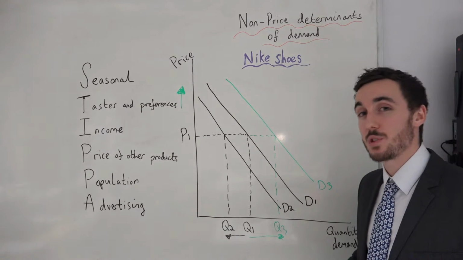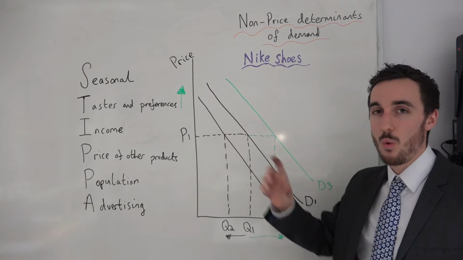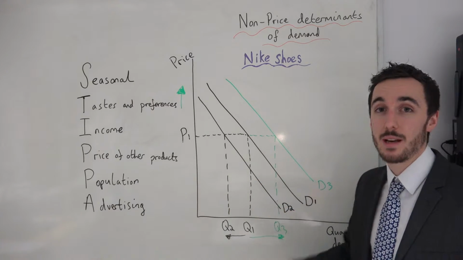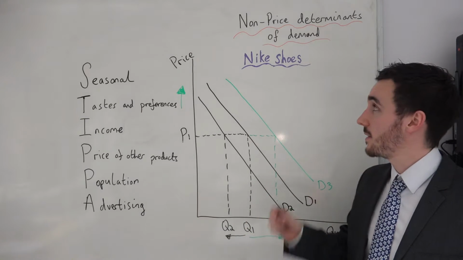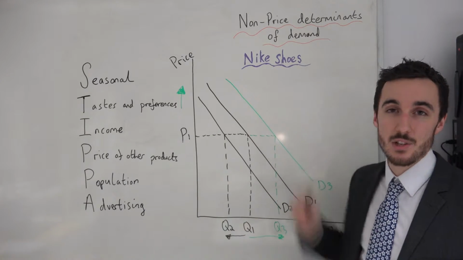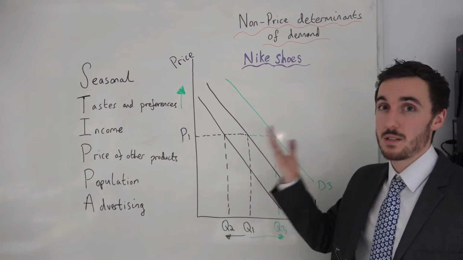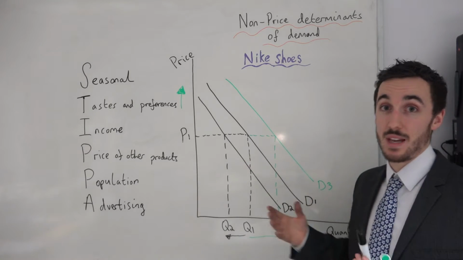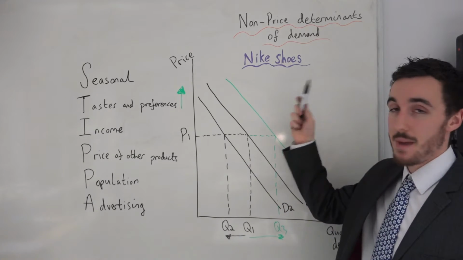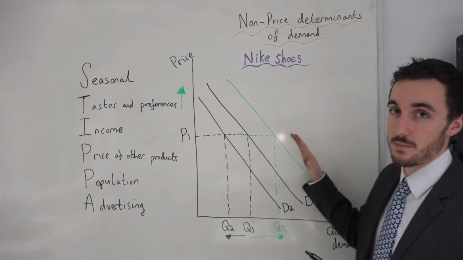Okay, another important one is price of other products. Again, this depends on what type of other products we're looking at. For example, if we're looking at substitute goods, such as Adidas shoes, if the price of Adidas shoes rises, and so Adidas shoes are now more expensive, if everything else is equal, then the demand curve for Nike shoes is going to shift to the right.